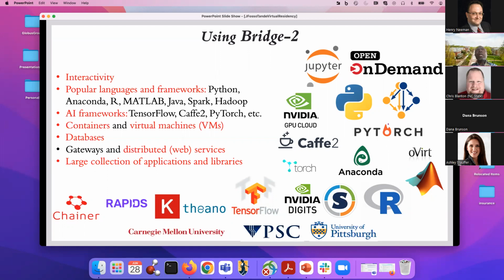And popular languages such as Python, Anaconda, MATLAB, Java, Spark, and Hadoop. An AI framework, TensorFlow as well. So this is really a system that is dedicated for big data analysis, as well as scientific physical science simulation.